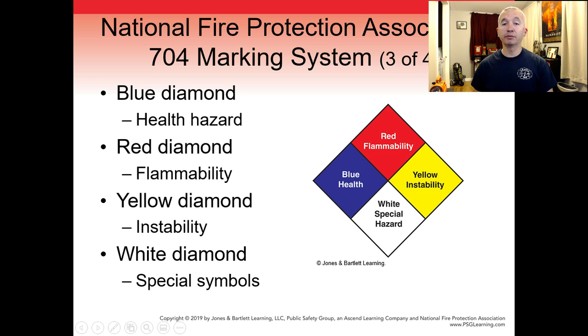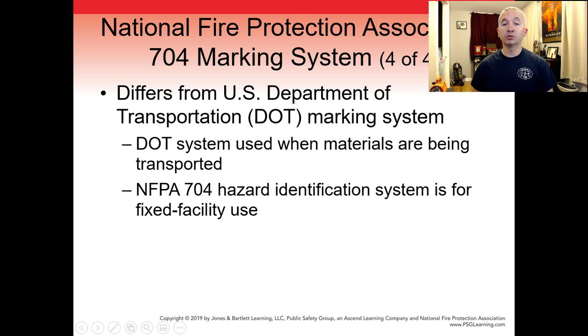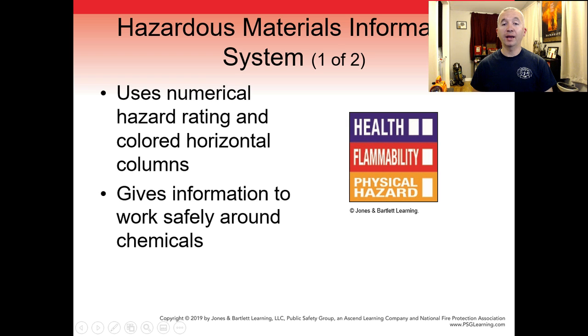The NFPA 704 marking system differs from the U.S. Department of Transportation's marking system. The DOT system is used only when materials are being transported, and the 704 hazard identification system is used for fixed facility uses only. The Hazardous Materials Information System, or HMIS, uses numerical hazard ratings and colored horizontal columns.